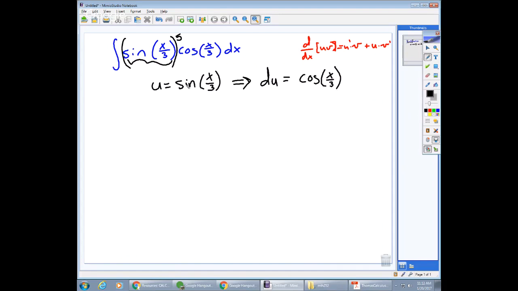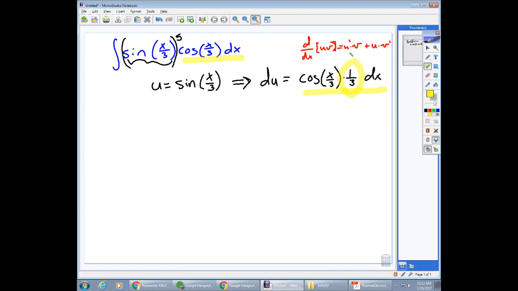And then this is a function within a function, so we have to adjust by multiplying by the derivative of the inner function. Derivative of x over 3 is 1/3, and then the dx goes here. And so now the cool thing about picking that particular u is I can see most of it lives in there. The only thing I'm missing is the 1/3.